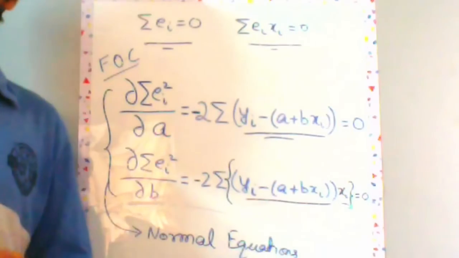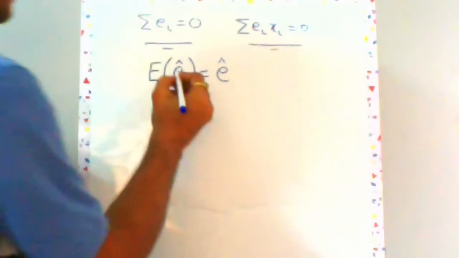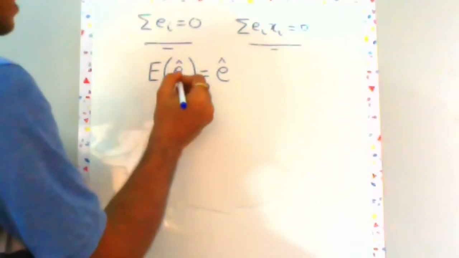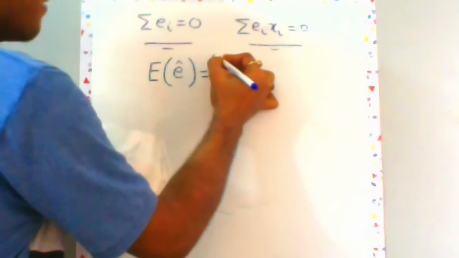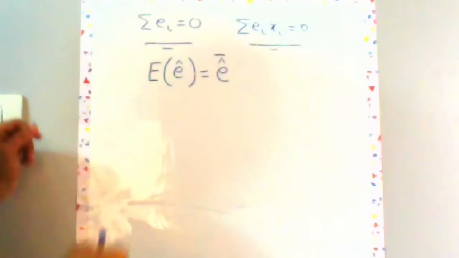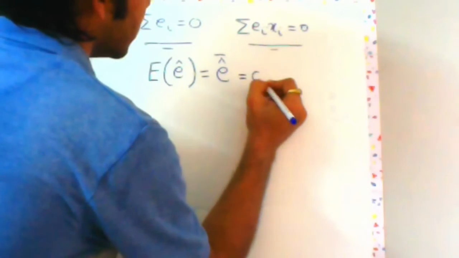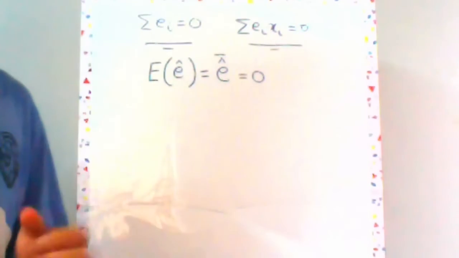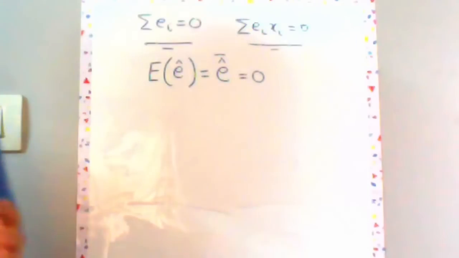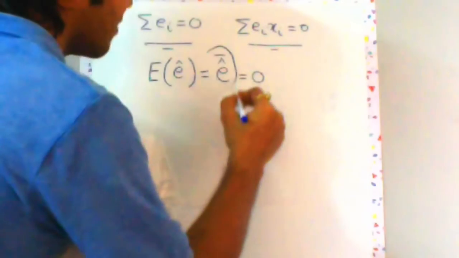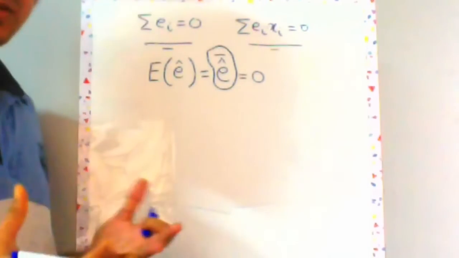Let's look at the utility of normal equations now. Expected value of estimated residual, or the average value of estimated residual, is equal to 0. You may ask, why so? Let's look at that. Now, how would you find the average value of estimated residuals?